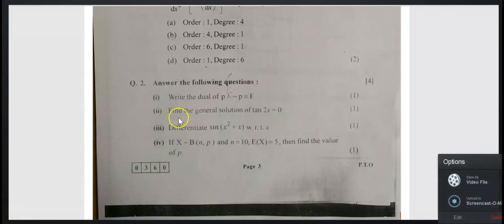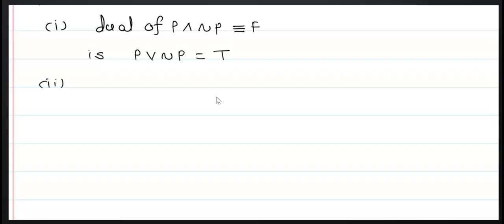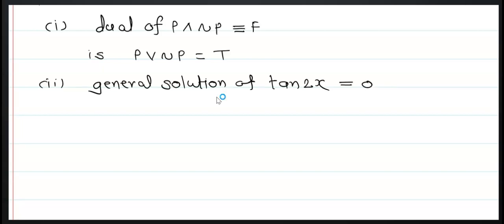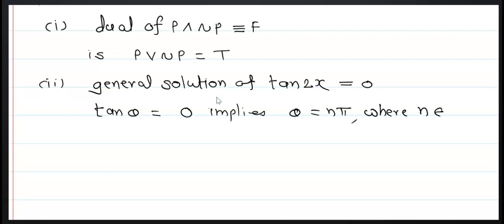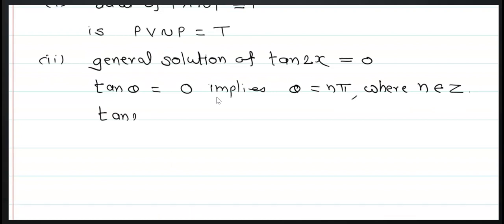Next is, find the general solution of tan 2x = 0. Now we'll see the general solution of tan 2x = 0. Tan theta equals 0 implies that theta equals n pi where n belongs to Z, which is the set of integers.